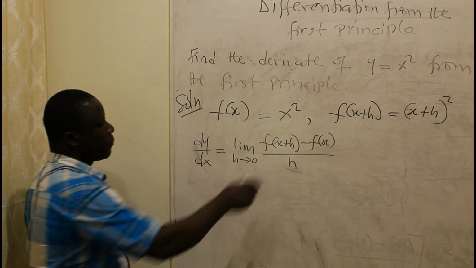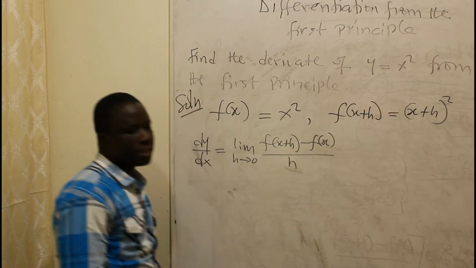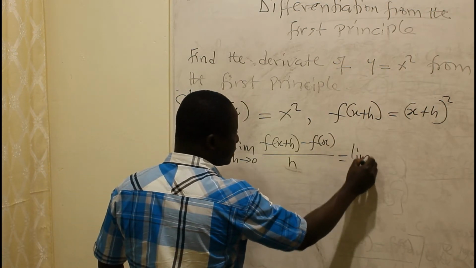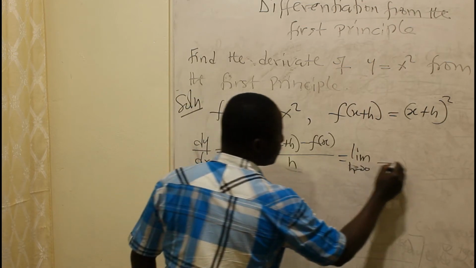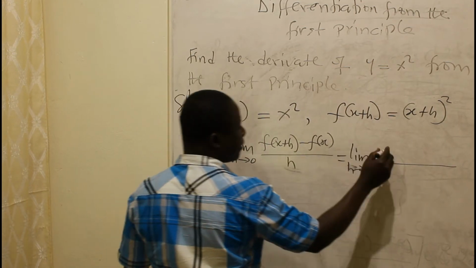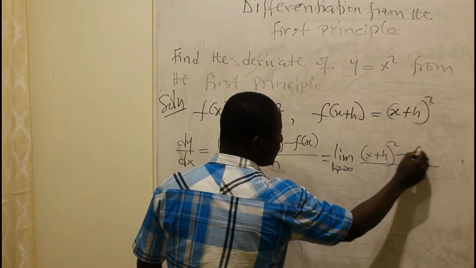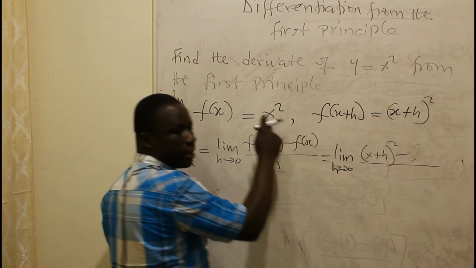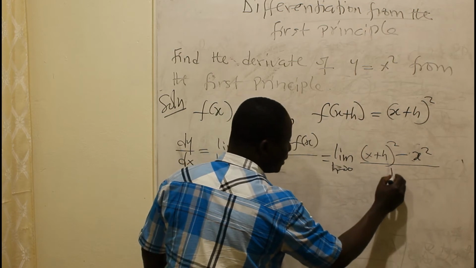And in that case, we put in our f of x and f of x plus h, so that it will be limit as h approaches 0. The numerator will now be x plus h all squared minus f of x. Please, our f of x is now x squared. So you write x squared divided by h.